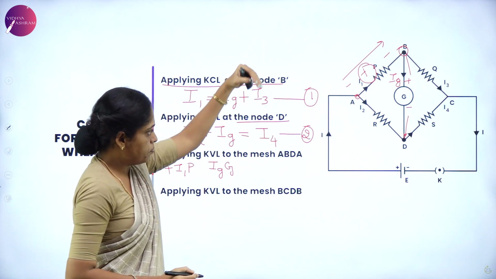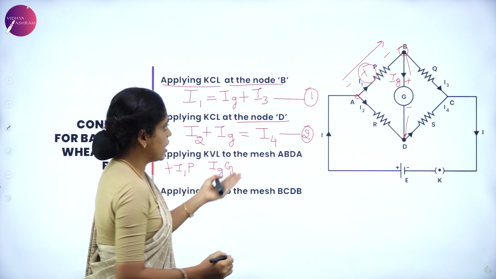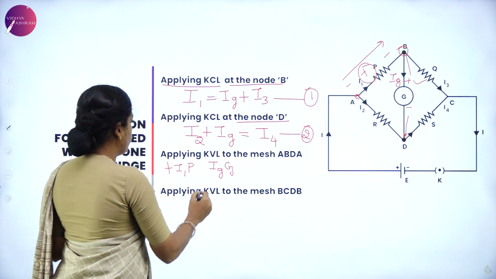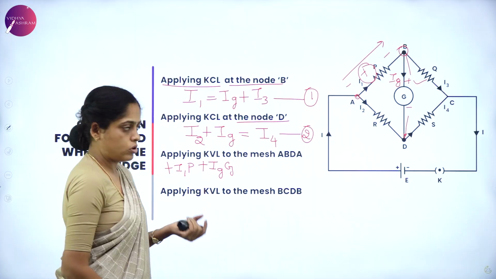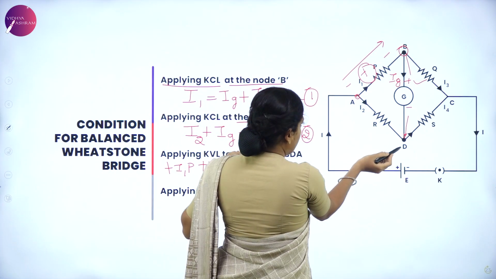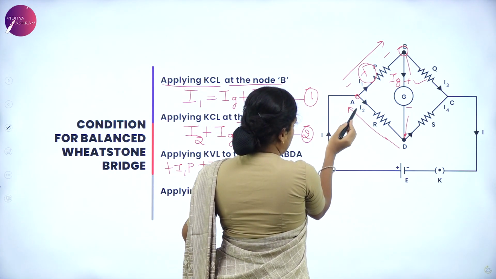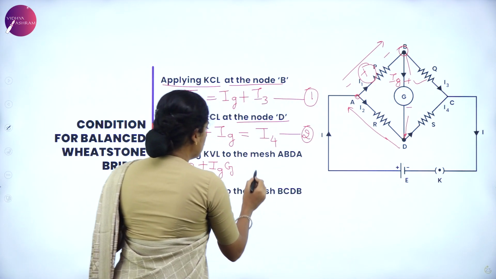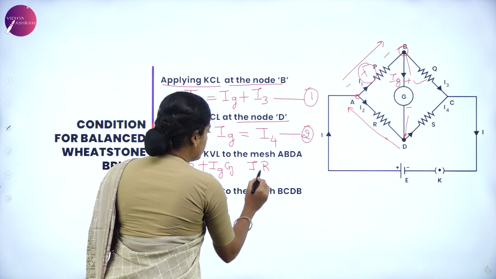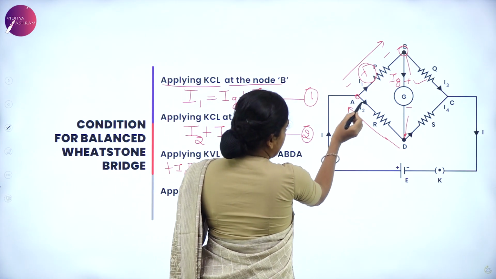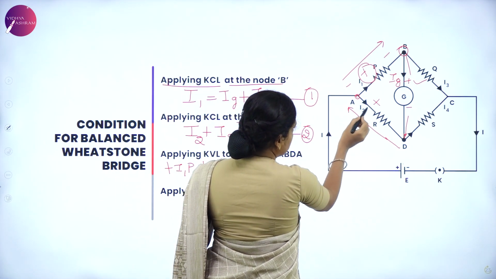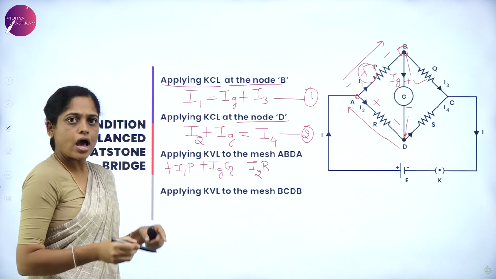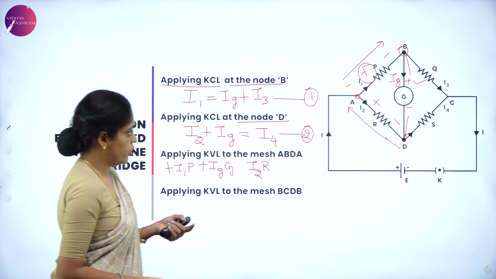When I move from B to D, the first sign which I reach is positive. Therefore, this voltage is also positive. Next, from D, we have to reach A. Between these 2 points, we have a resistance R, through which the current is I2, and the current entering side is positive, leaving side is negative, because current flows from higher potential to lower potential.